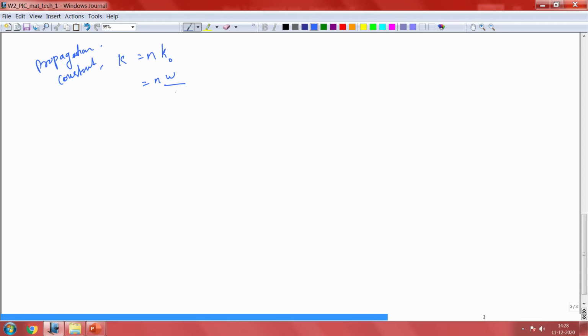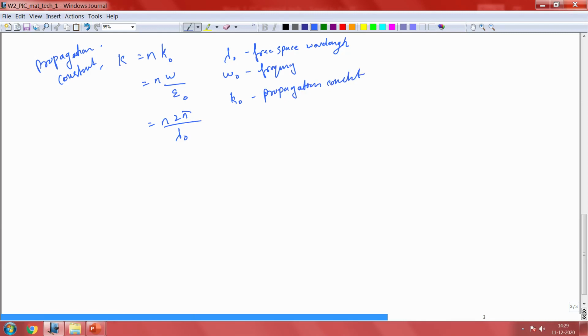So, k can be written as omega over c naught, and this is nothing but n 2 pi over lambda naught. Lambda naught is the free space wavelength, omega naught is the frequency, and k naught is the propagation constant of light in free space.